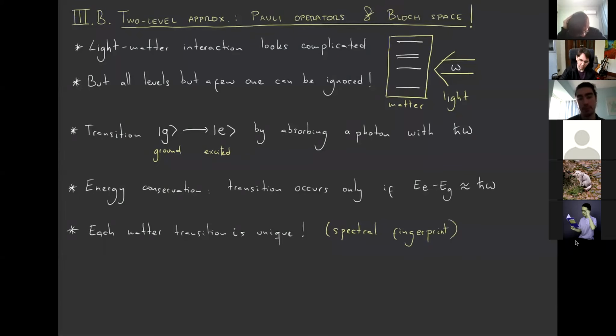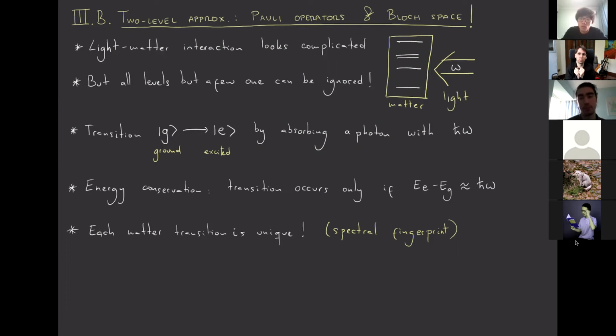This means that, yes, this structure is very complicated, it has many levels and so on, but if you just focus on two, those two have one specific transition energy, and the only way that you can induce that transition is by sending photons which have energy h bar omega that matches more or less that. Any other level will not feel absolutely anything, because the electrons in those levels just don't have enough energy to do anything.